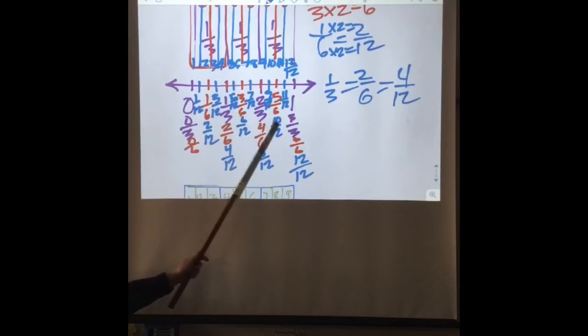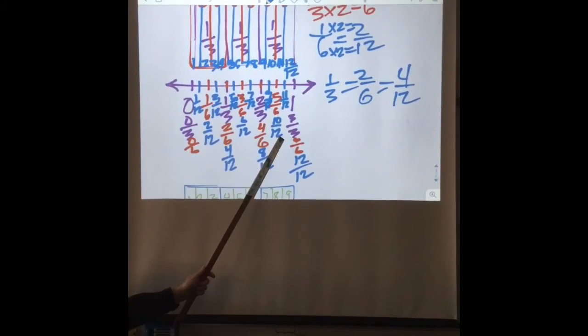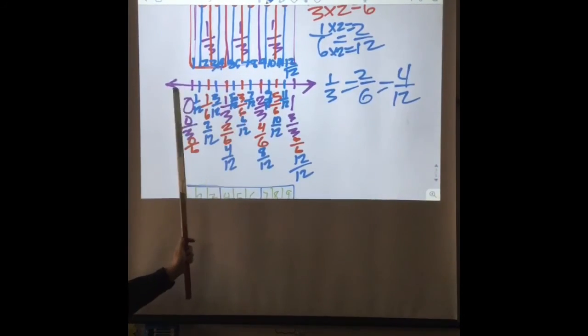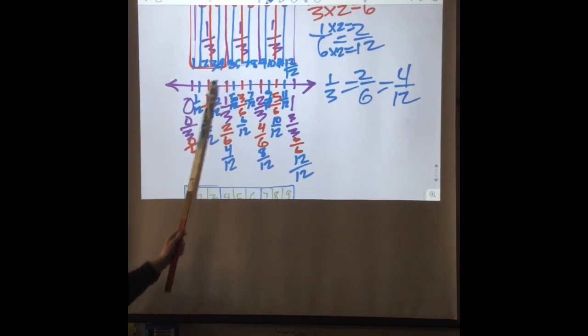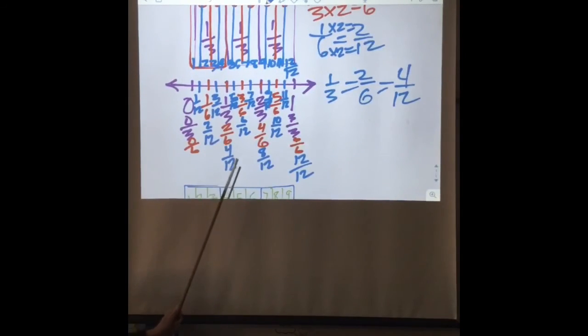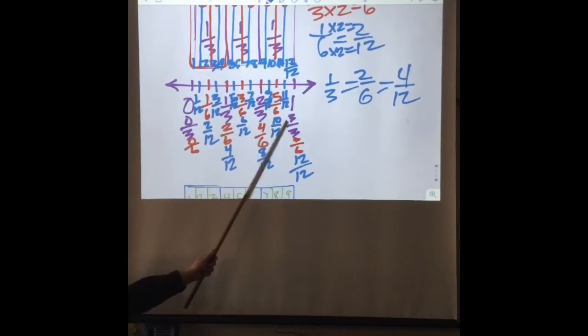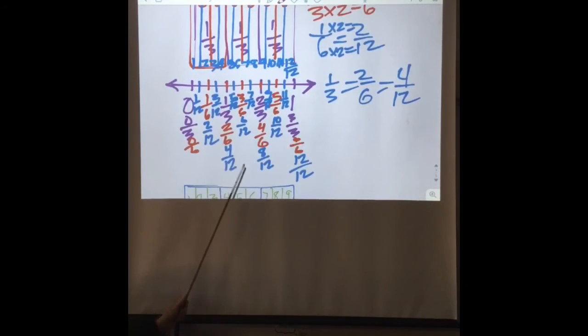So this is how we can easily do our number line and our square. We can cut it up into pieces to make our fractions. Does anyone know where half would be on this? Hard question, huh? No? Do you see anything that looks like it's half of something else?